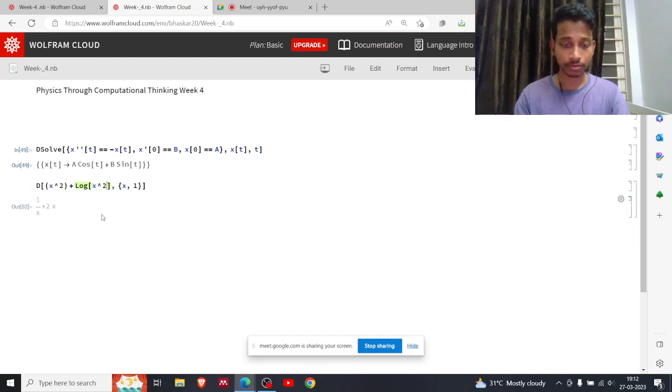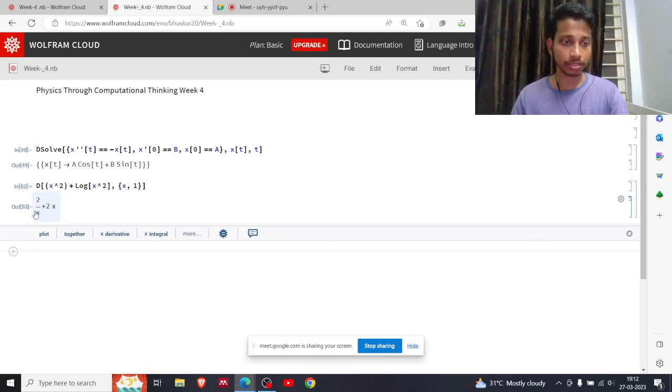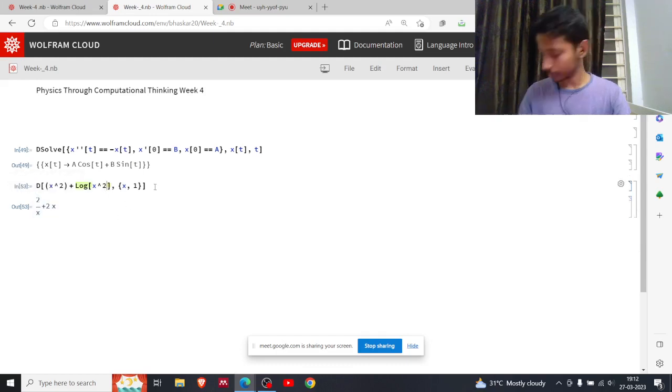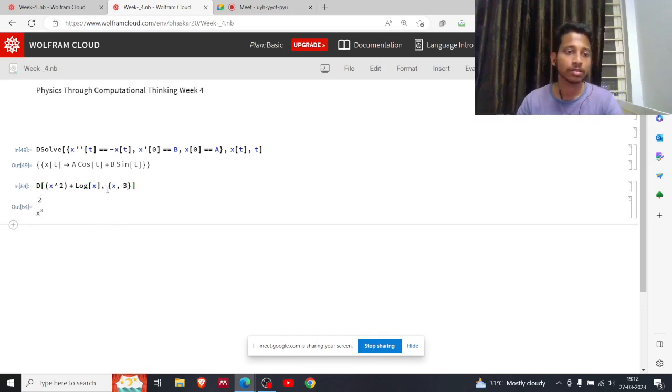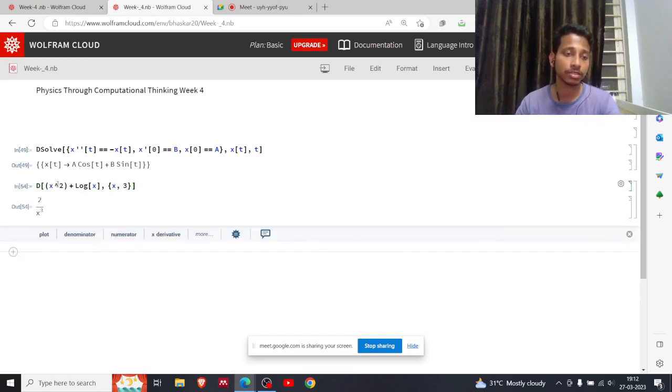Now if I put log x square, then it is 2 by x plus 2x. This is the third derivative of the function x square plus log x, which is 2 by x cube.